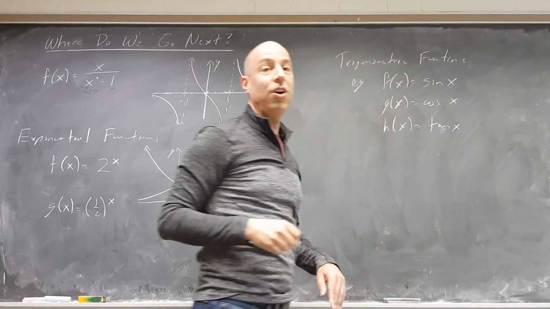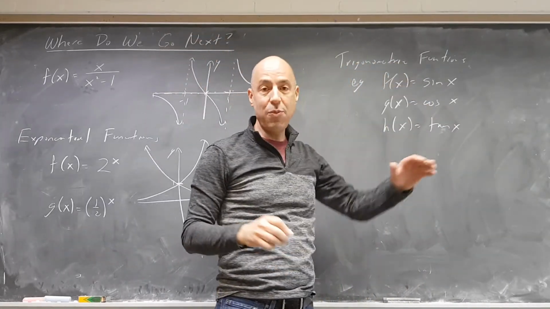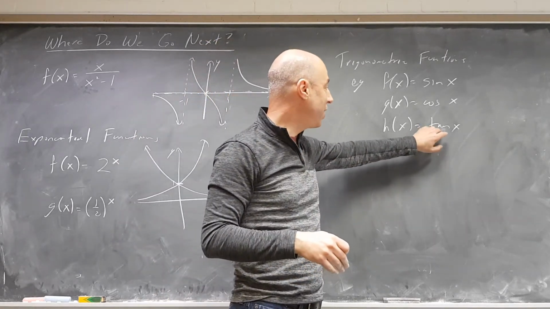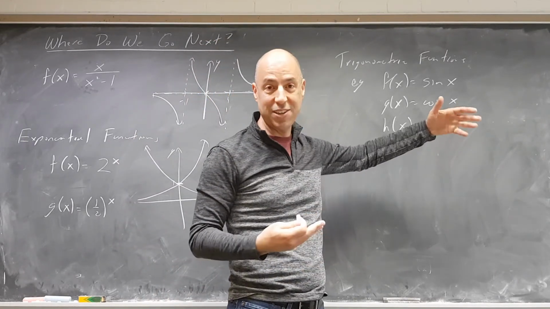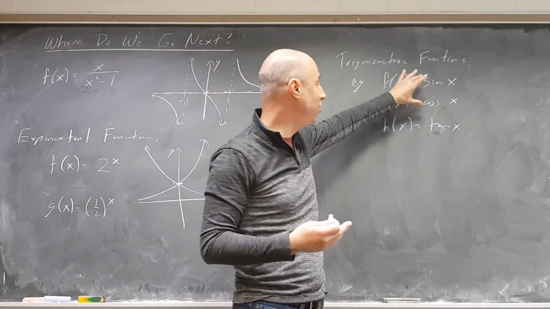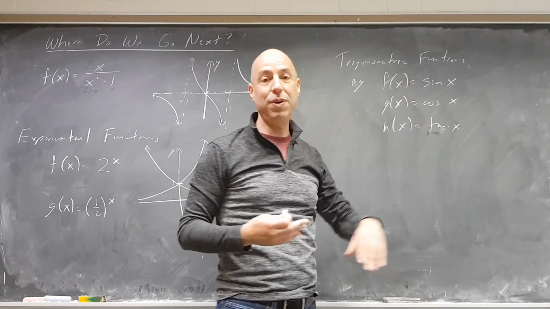We know what those curves look like. With sine and cosine, we could talk not only about the period, we could also talk about the amplitude. Amplitude doesn't make so much sense for tangent, unless you want to say it's infinity, but we can talk about the period. These two repeat every 2 pi, this one repeats every pi.